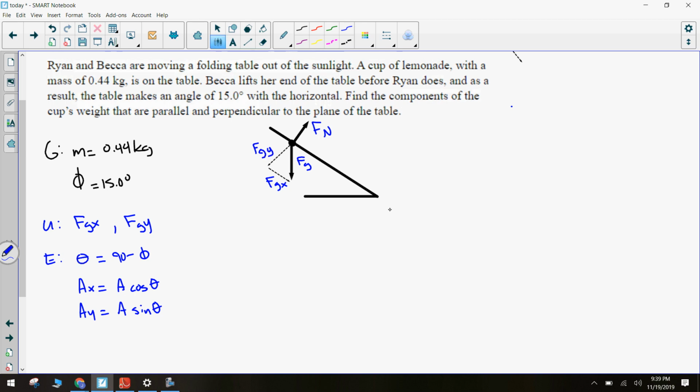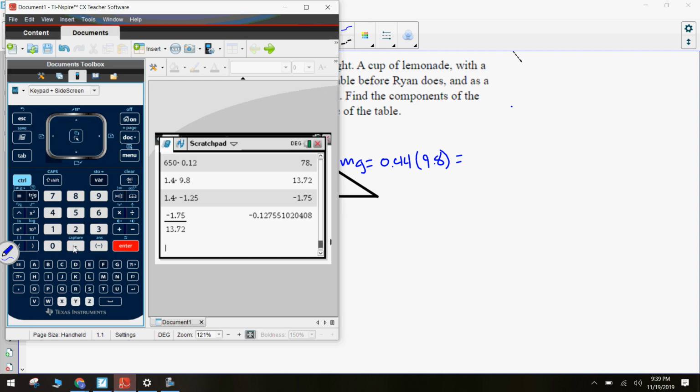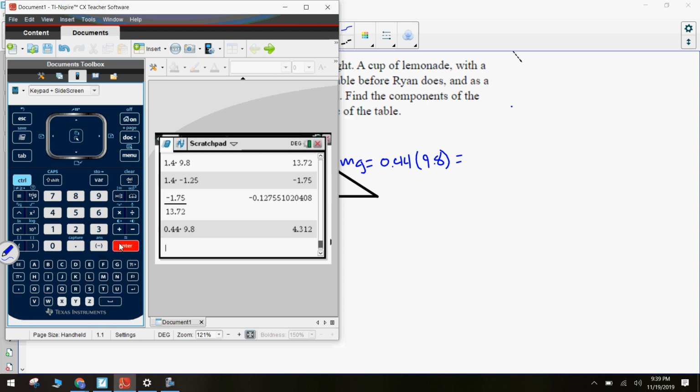Alright. Anything else I need to do? Yeah, probably. Remember, whenever we have Fg, we can always rewrite that as mg, and that's going to be our mass, 0.44, times the acceleration of gravity, which is 9.8. And so I always like to solve that before I get into the problem. So 0.44 times 9.8 equals 4.312.